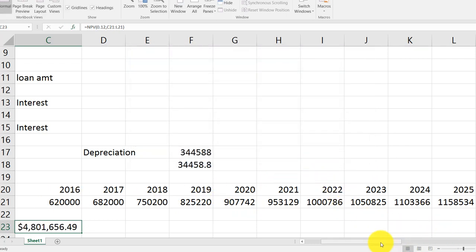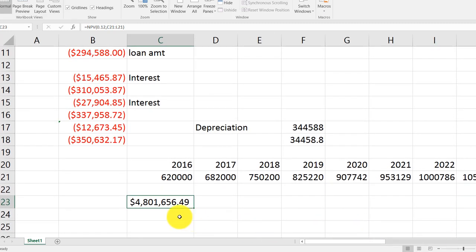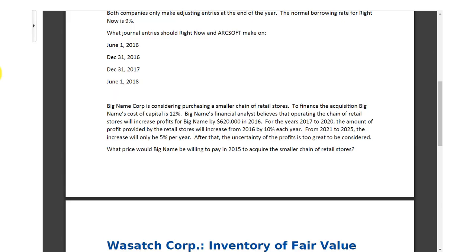So this is what you would be willing to pay for that chain of stores, because that's what the future cash flows are worth. So when you look at that situation, that's what you would pay. And then our question was, what should we be willing to pay for that?